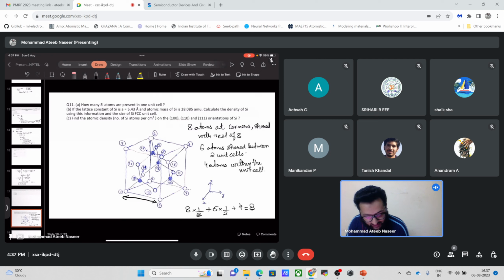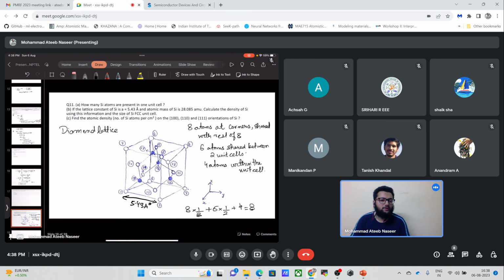This lattice constant is equal to 5.43 angstroms. Since this is a cubic unit cell, we will be able to find its volume easily. And now we have been told to calculate this. Let me name this as well. This is the diamond lattice.